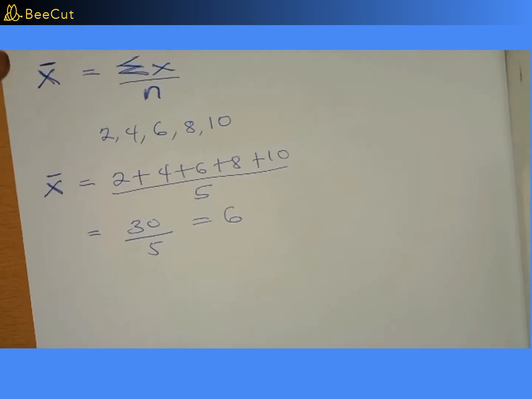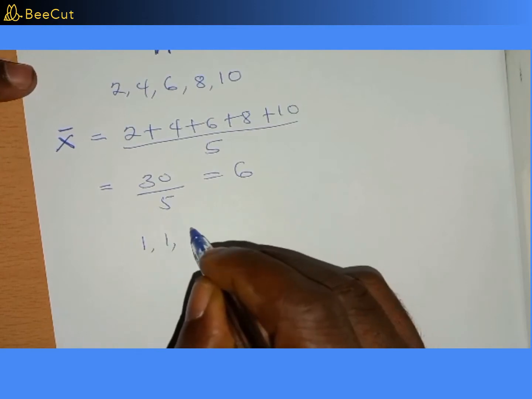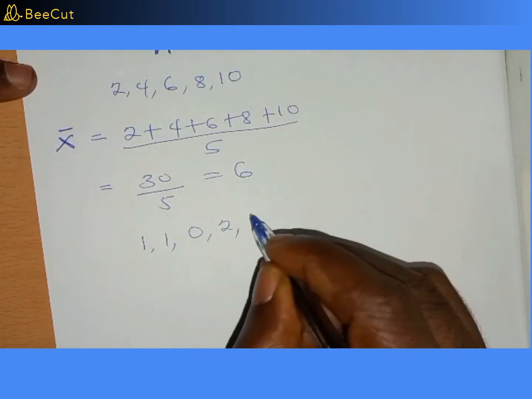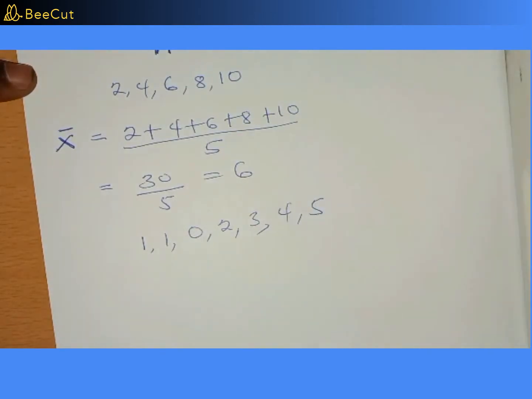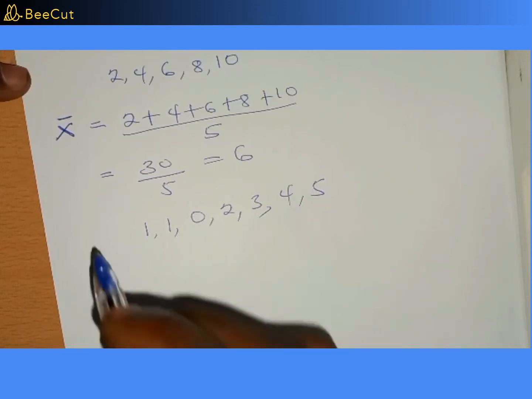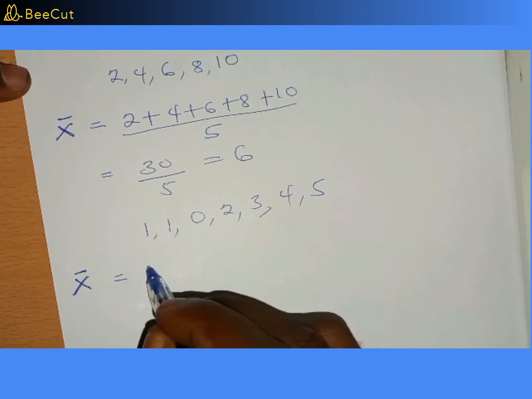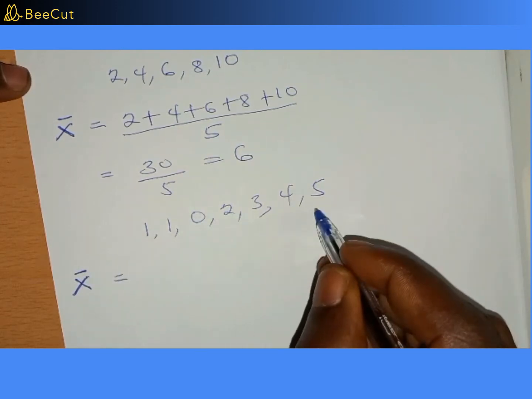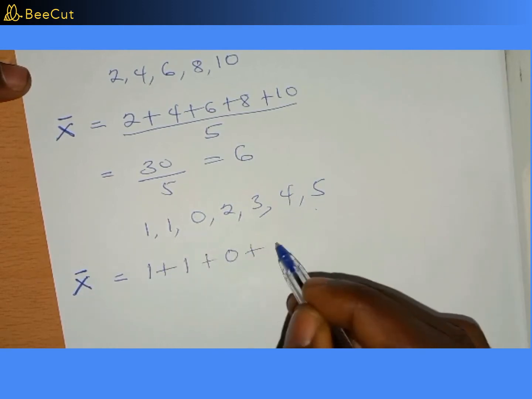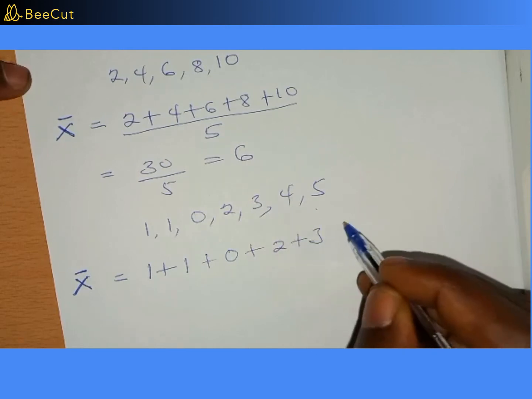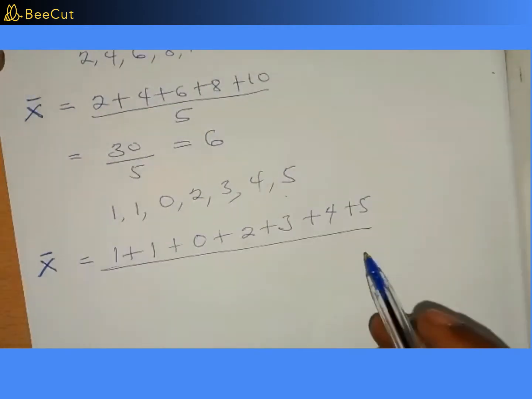Let's take another example. If I have 1, 1, 0, 2, 3, 4, 5, and you want to find the mean, then x bar is equal to the summation of the numbers, that is 1 plus 1 plus 0 plus 2 plus 3 plus 4 plus 5, all over how many numbers we have here.